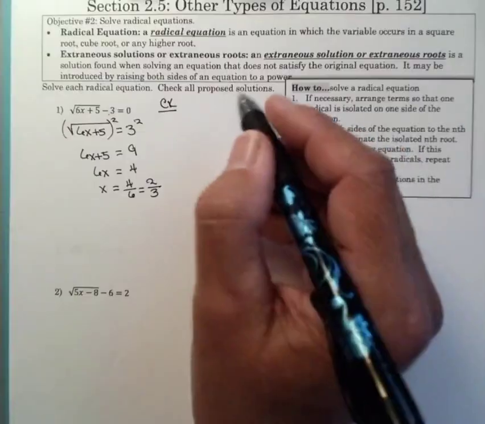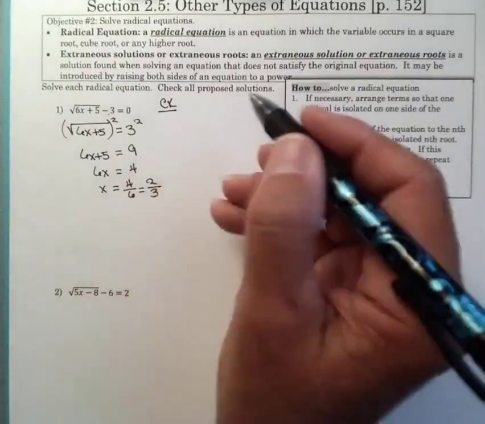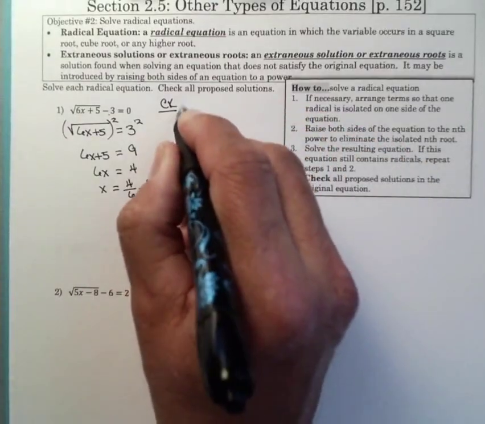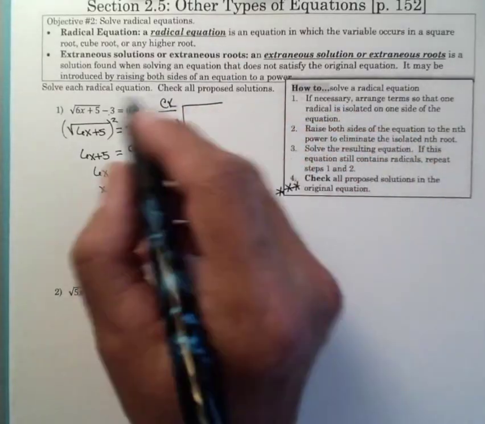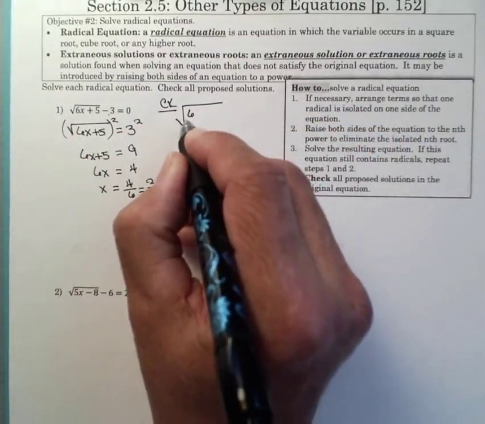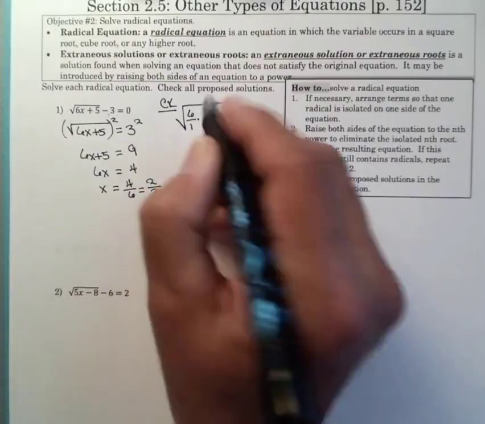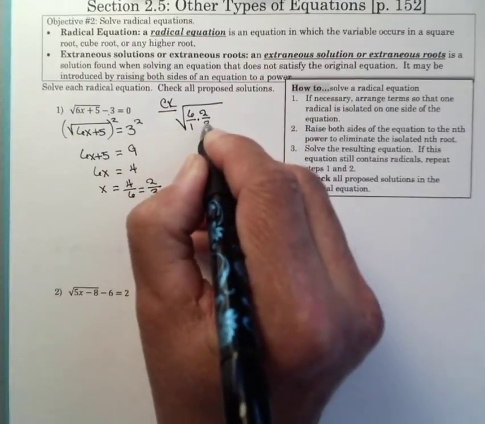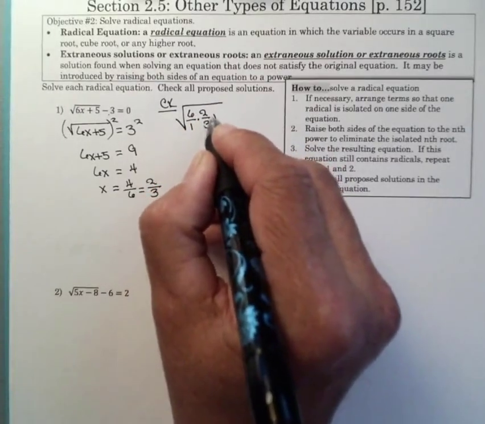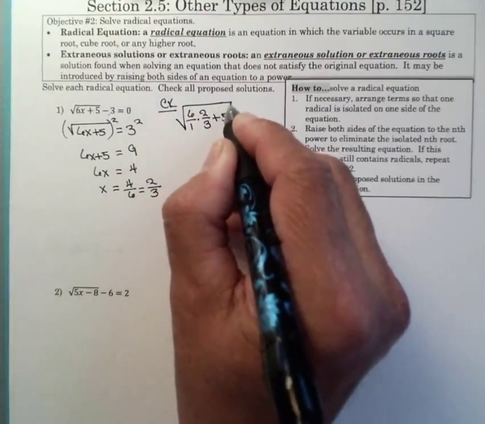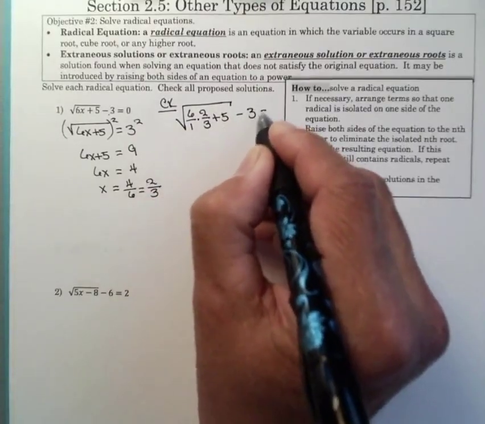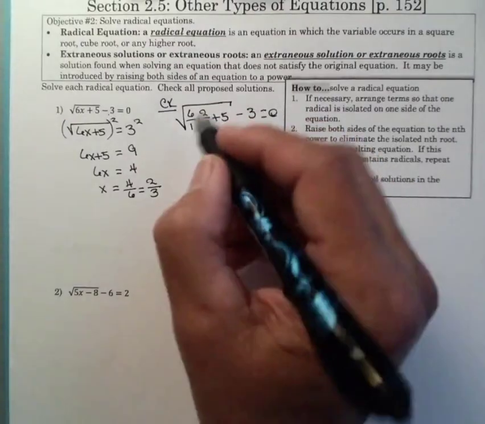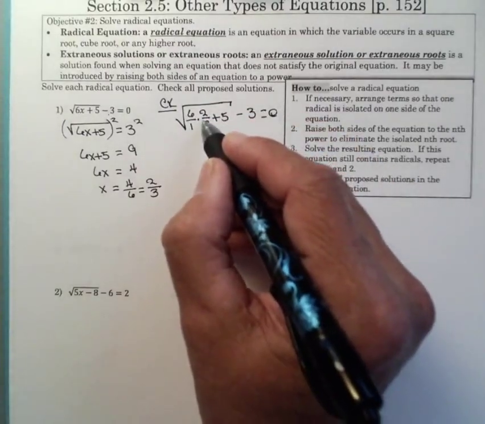And it looks like a fraction, which I don't like, but sometimes they're not hard when you plug them back into radicals to check them. Let's do it like this. 6 times x, well, I'm going to say 6 over 1 times x because it's a fraction, 2 over 3, okay? And it would be plus 5, still under the radical sign, and then that's -3 equals 0. Okay, so cross-reduce before you multiply.